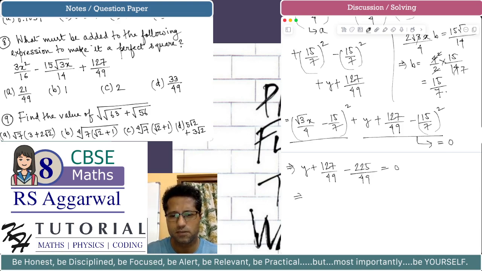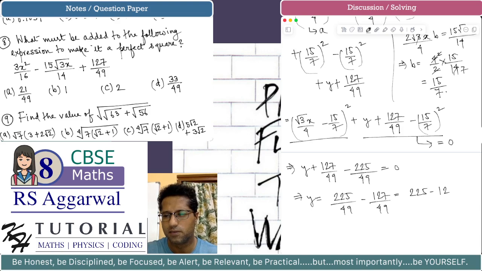So this implies y is equal to 225 by 49 minus 127 by 49. This is equal to 98 by 49, and this is equal to 2.